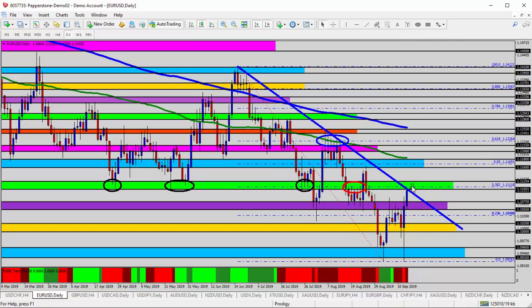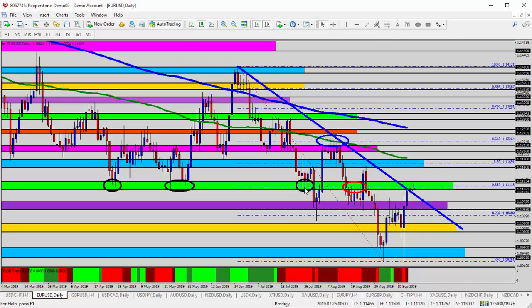Now let's look at something else. Look back to the black circles on the left. All three black circles represent times when the market found support into this same green shaded area. Support, support, support. And each one of those times reversed, sometimes longer, sometimes shorter, but all of them found support at the green zone.